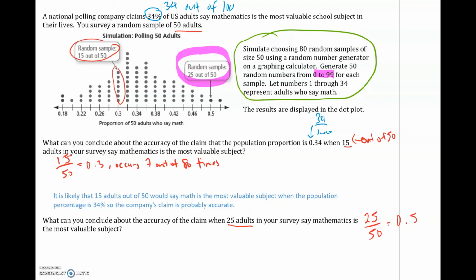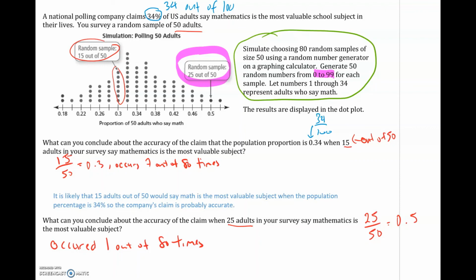So then we want to judge based on that dot plot how likely it is that it occurred. Well, you see that it only occurred once out of our 80 trials. So that being said, yes, it did occur, but it didn't occur very frequently, right? Compared to that 7 out of 80 earlier.